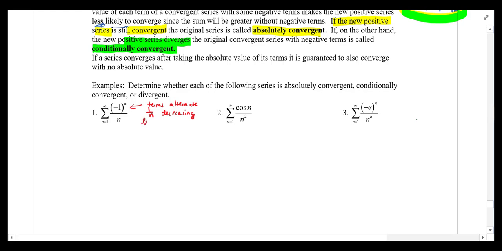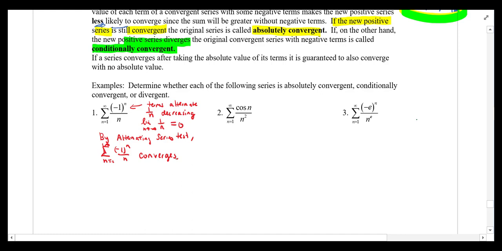And then I should also check the limit as n approaches infinity of 1 over n, and that equals 0, so I know this converges by the alternating series test. The sum of n equals 1 to infinity of negative 1 to the n over n converges. Okay, so that's nothing new.